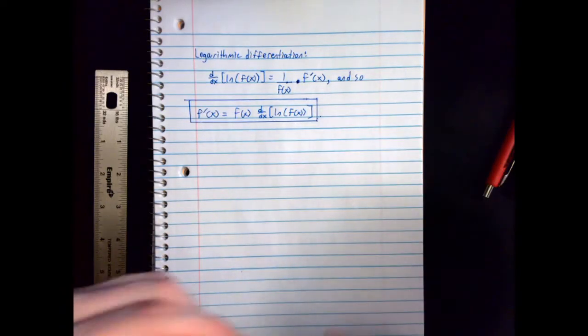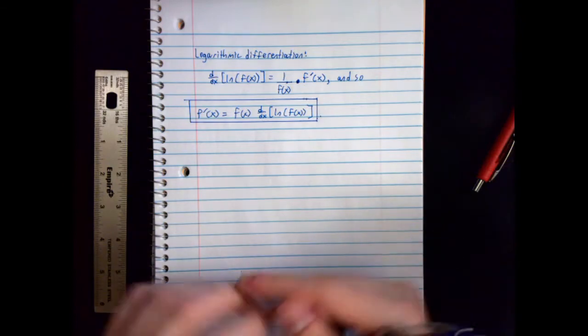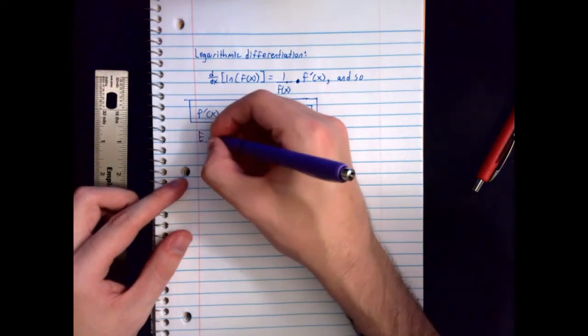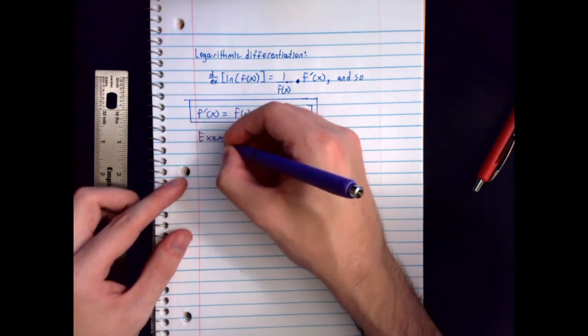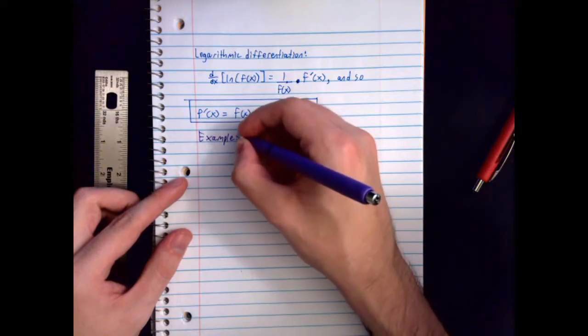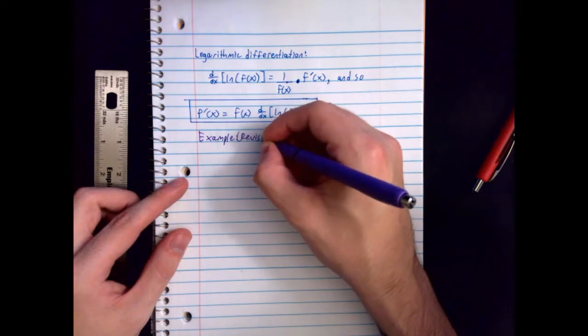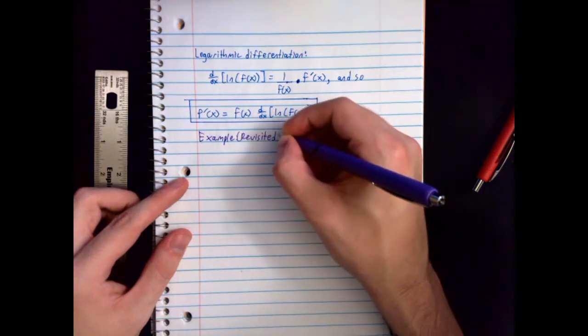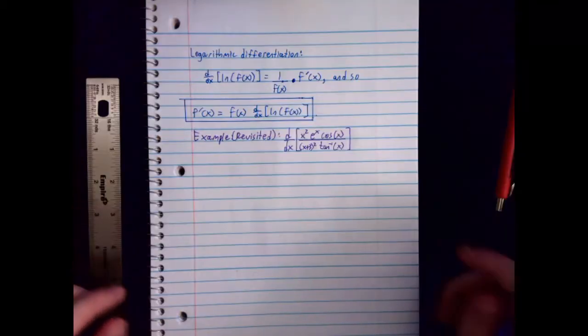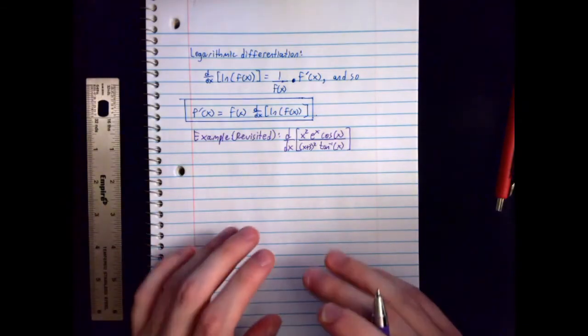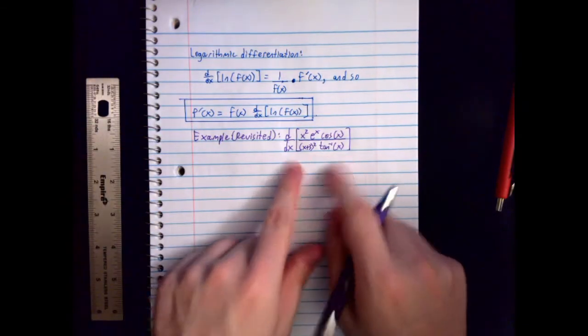So let's return to our example, revisited. Okay, I'll cut the video there just so you don't have to watch me flipping back and forth to copy this big thing.